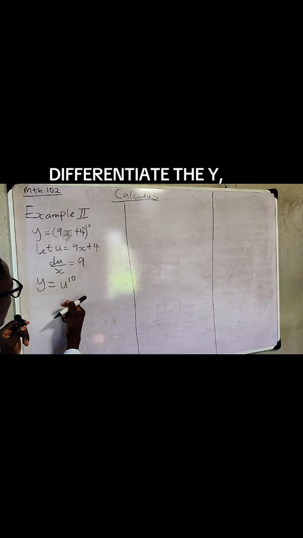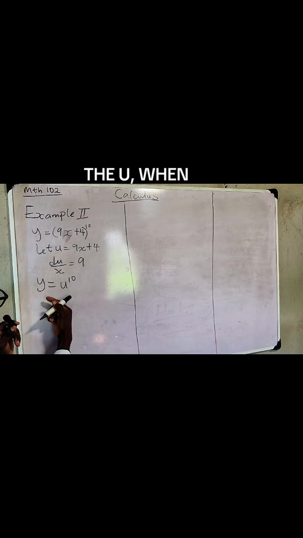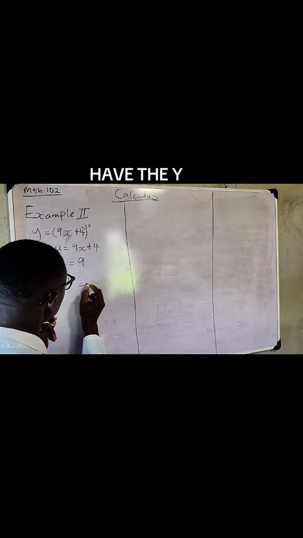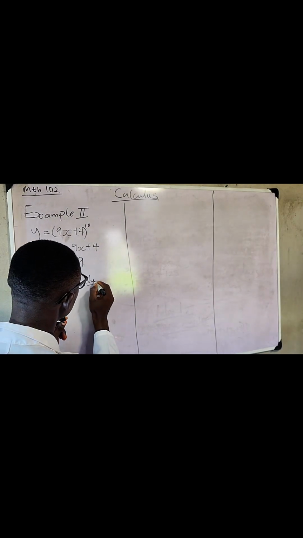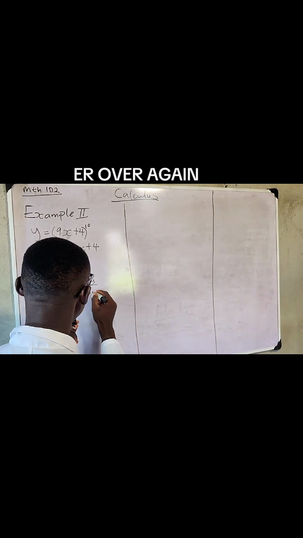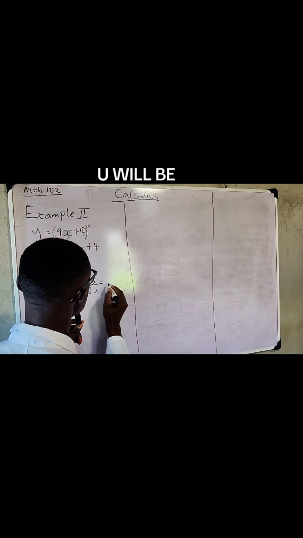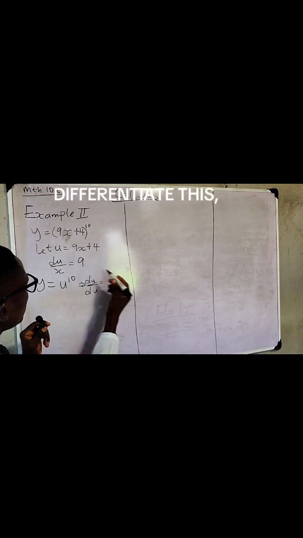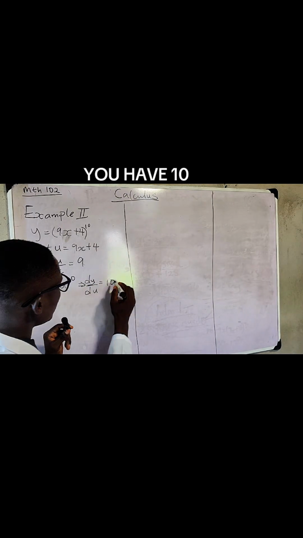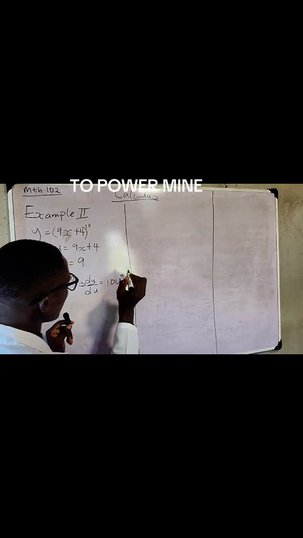So when you differentiate y with respect to u, we have dy du. The dy du will be equal to what? When you differentiate this using the power method, you have 10u raised to power 9.